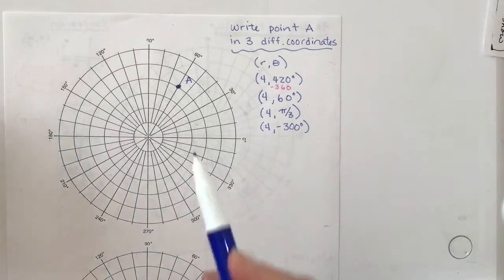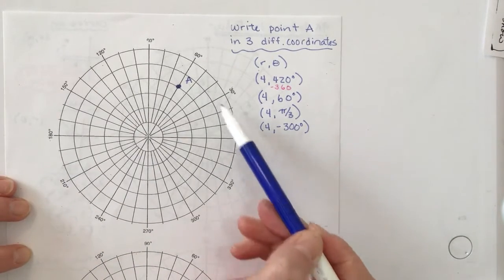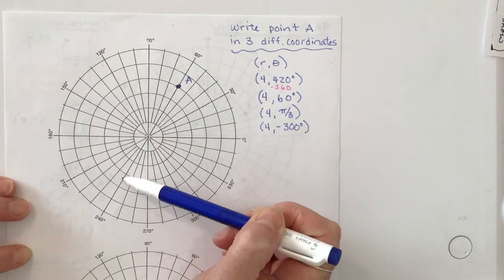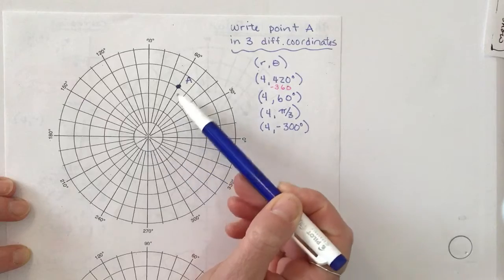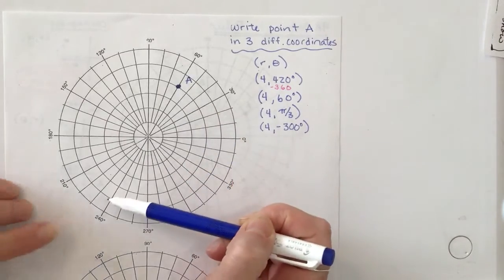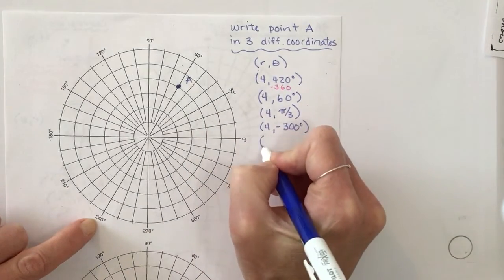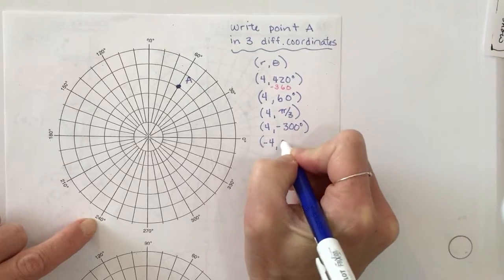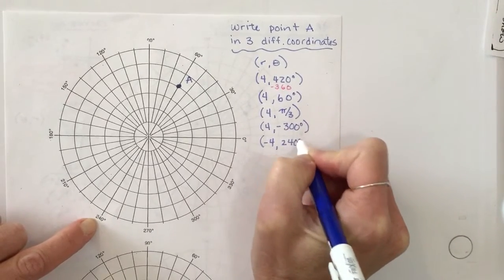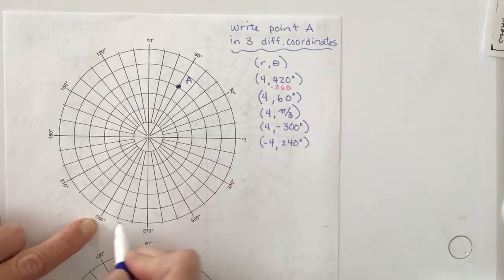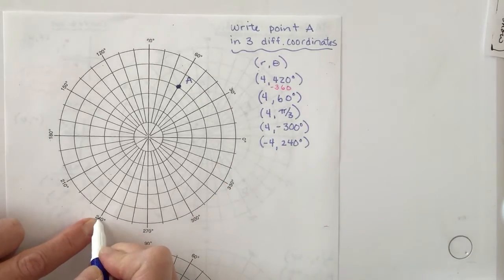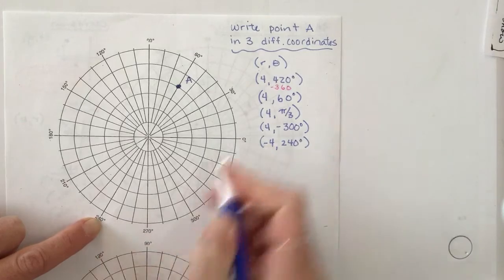What angle would that be? We could go around all the way to here and do a negative 4, because then that would put us back here. So that would be 240, so negative 4, 240 degrees. Could we write 240 with a negative angle? We certainly could. That would be negative 120.